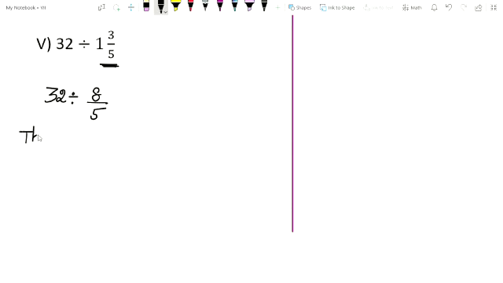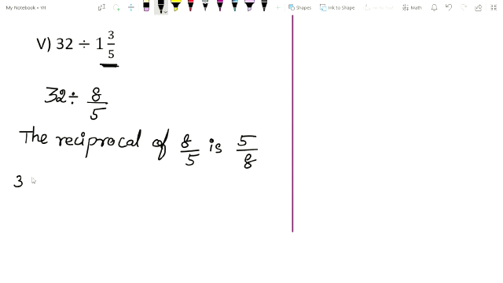So the reciprocal of 8 by 5 is 5 by 8. So 32 divided by 8 by 5 equals 32 into 5 by 8.